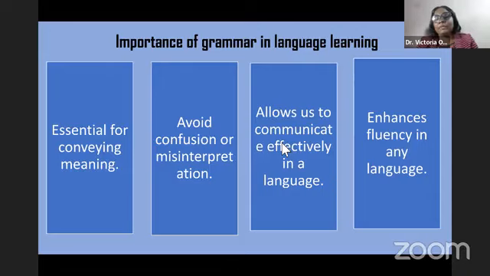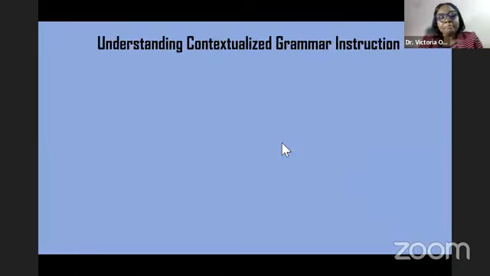Again, it allows us to communicate effectively in a language. So with English as a second language, we're able to communicate effectively because we know the rules. We are avoiding confusion. We are conveying good meaning. And that ultimately would enhance the fluency that we have in this language.